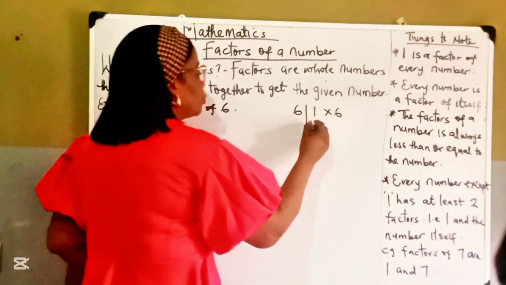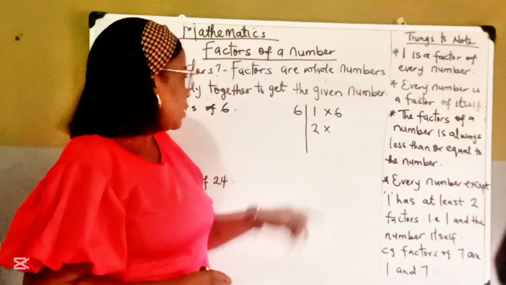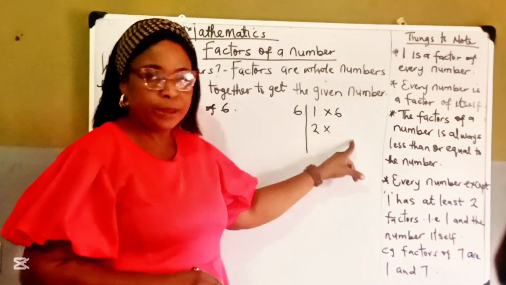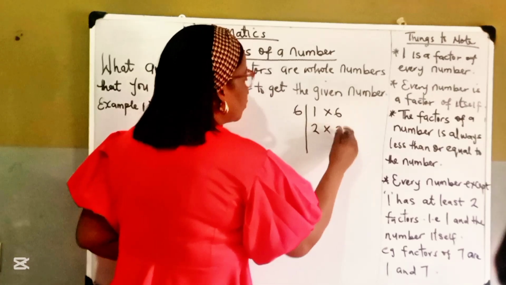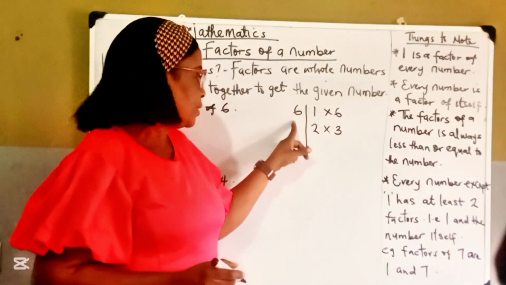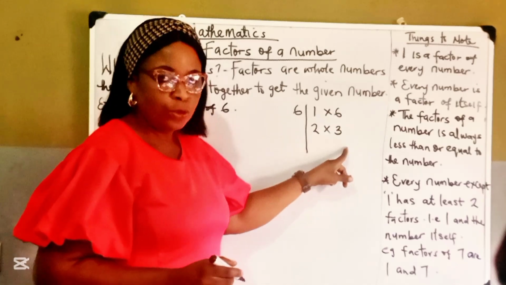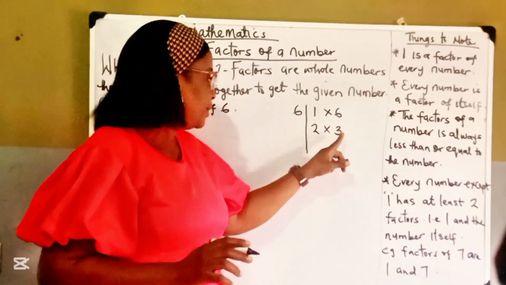Then 2. What number can you multiply to give you 6? 2 times 3. 2 times 3 gives you what? 6. Is there any other number that will multiply to give you 6? 3 times 2. But we are not going to use 3 times 2 because we have 2 times 3.